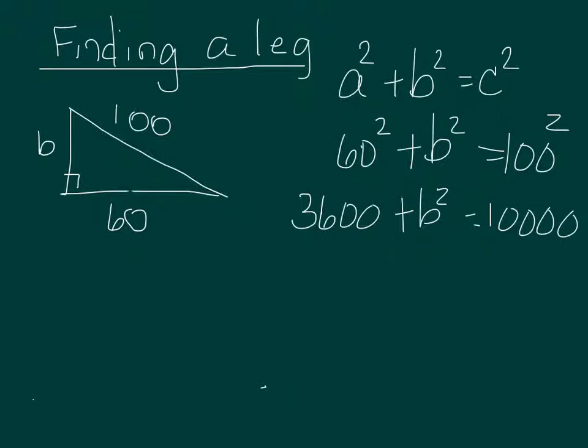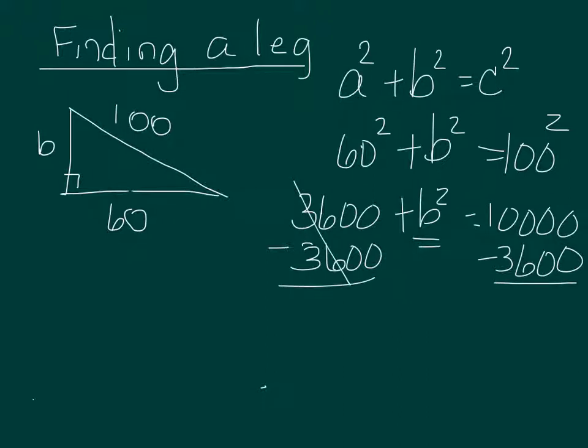If you notice, we have a simple equation here. We want to get this variable b squared by itself. So we have to undo the addition here. We're going to do the opposite of what we have so that we can eliminate it, but that means we have to do it on both sides.